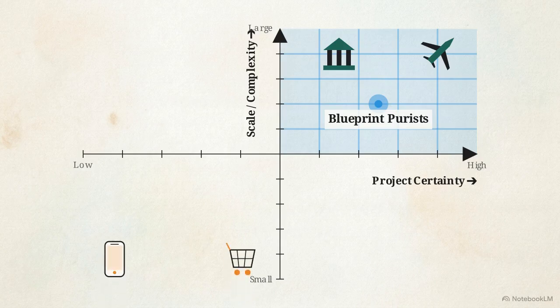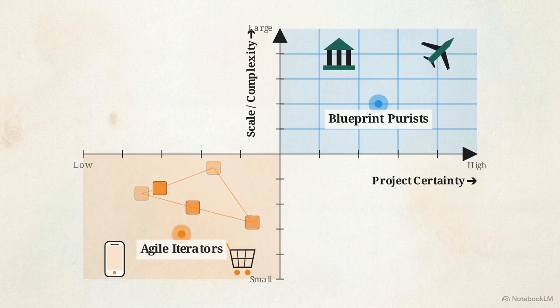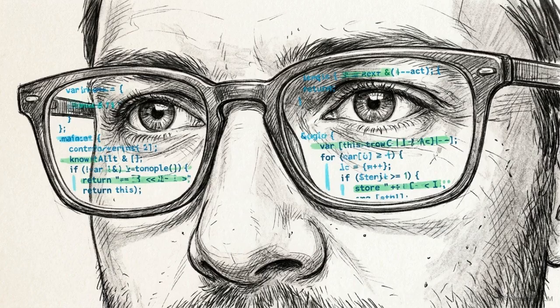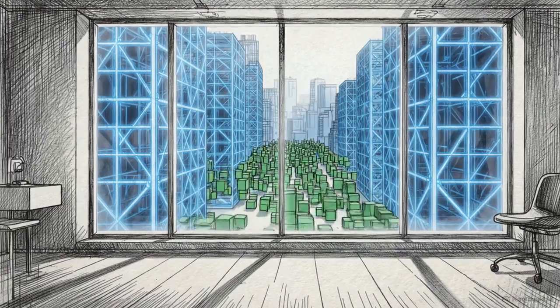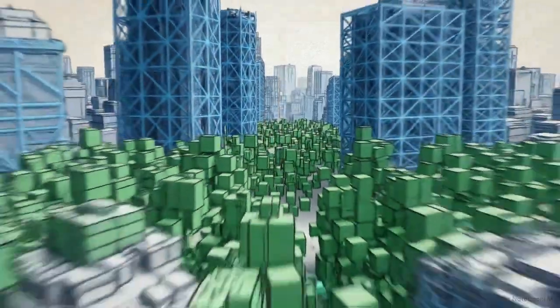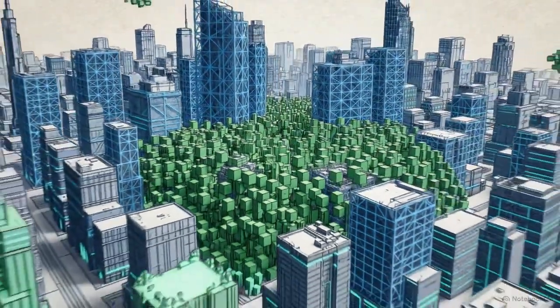Other teams build web apps or startup products where requirements might change weekly based on user feedback. These projects land in the low certainty quadrant. They require a bottom-up approach with modular, polymorphic components, so features can change without collapsing the entire system. The most effective developers don't stay loyal to one methodology. They adjust their mix of top-down planning and bottom-up execution based entirely on the environment they're working in.